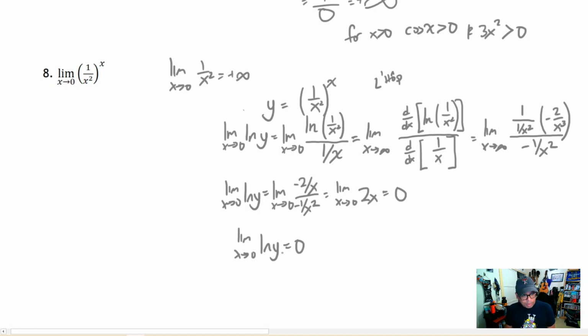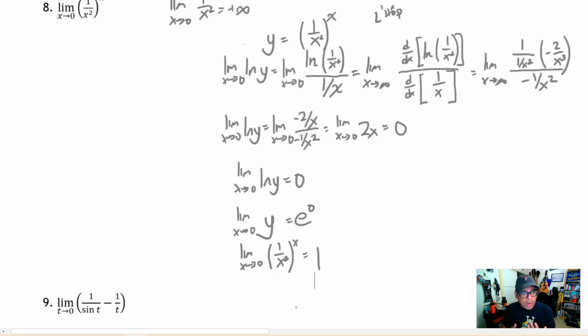Your next step here is to exponentiate. So the limit as x approaches 0 of e to the natural log of y is equal to just e to the 0. e and the natural log are inverse functions, so we just get y for e to the natural log of y.